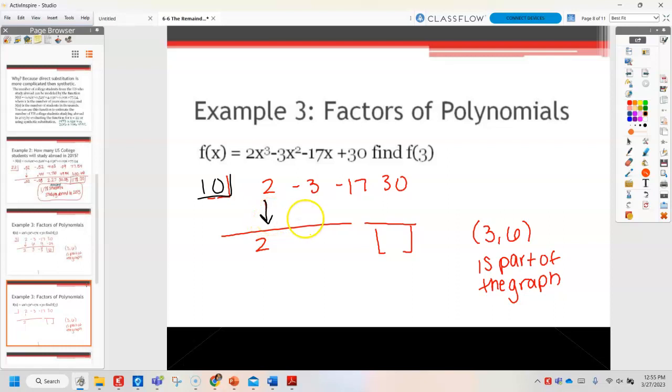10 times 2 is 20. 20 minus 3 is 17. 17 times 10 is going to give you 170. Minus 17 is going to give you 153.